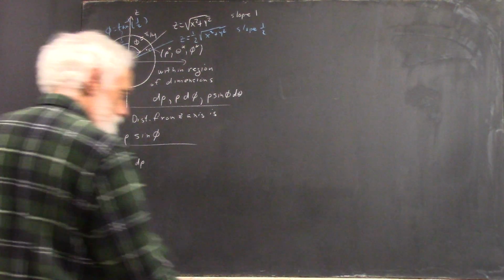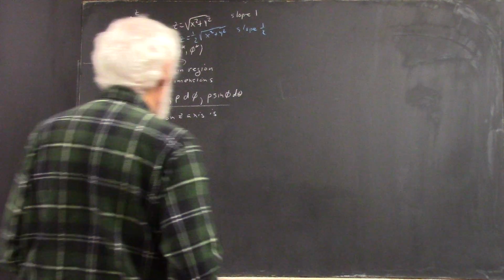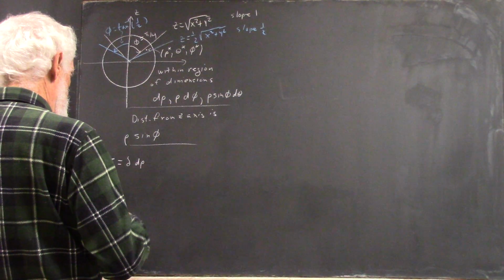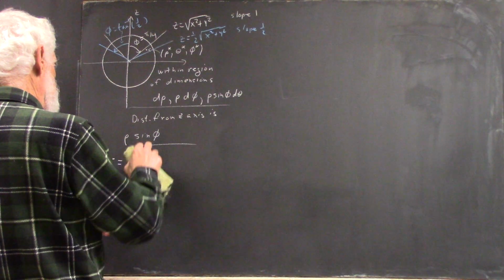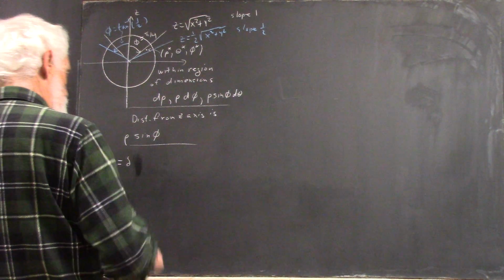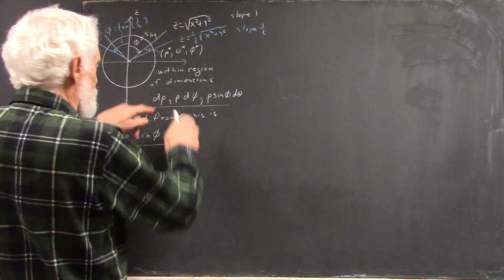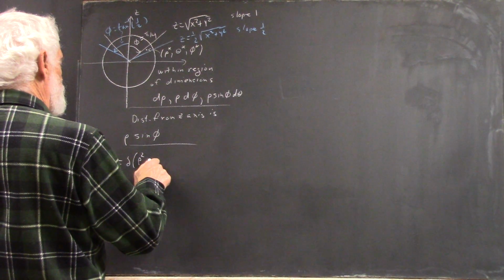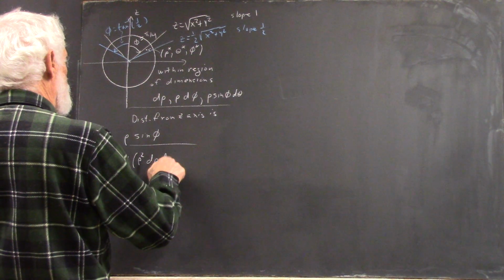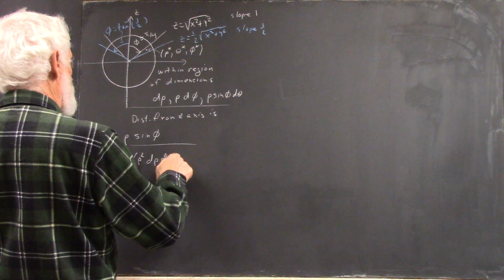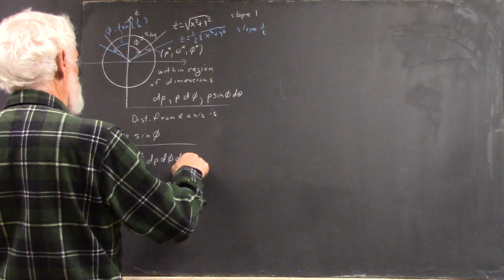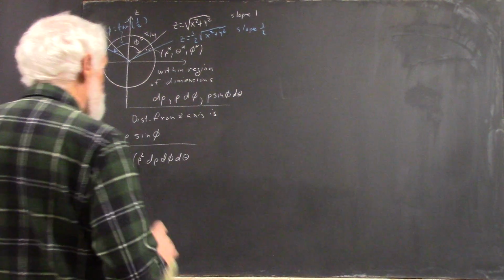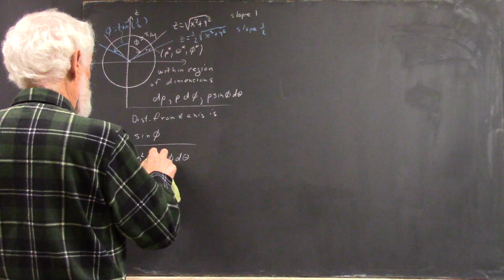Well, let's multiply these out and write it as the standard product of these things: rho squared d rho d phi. That's rho squared sine phi. There's a sine phi up there, right?